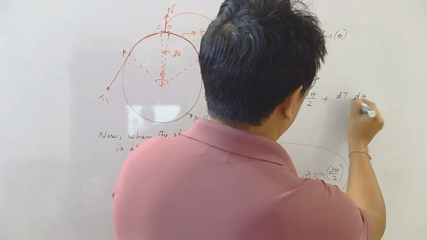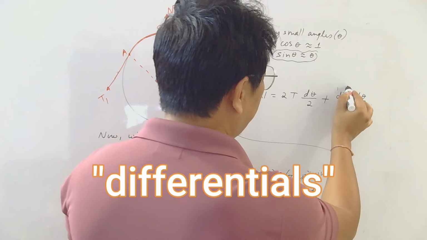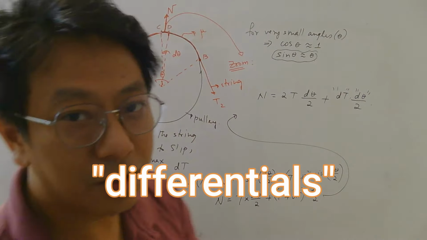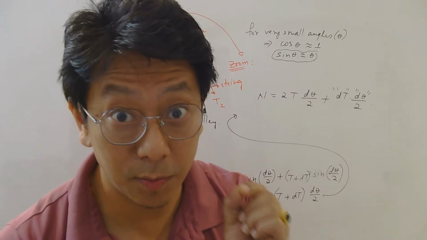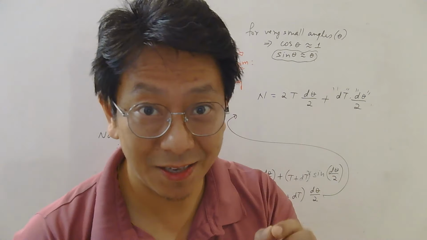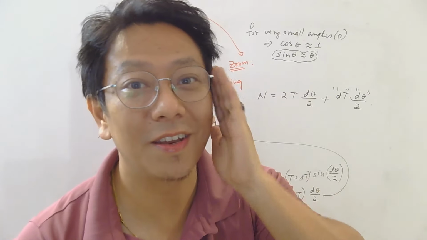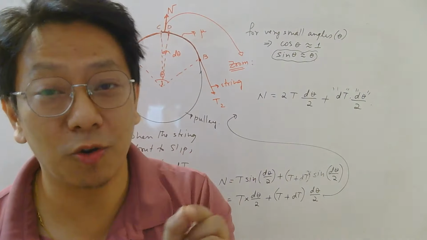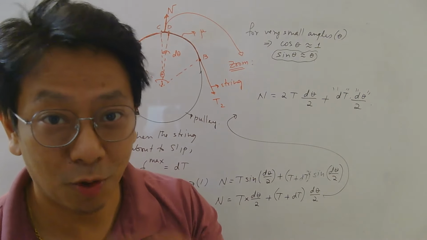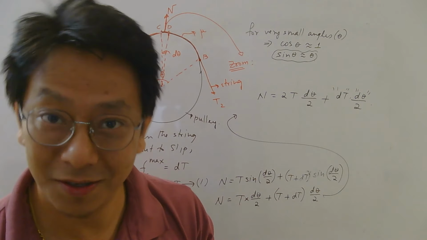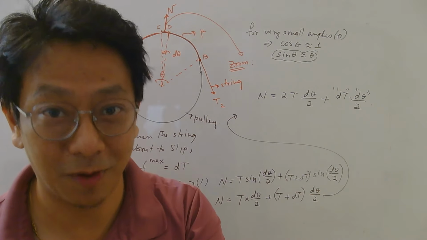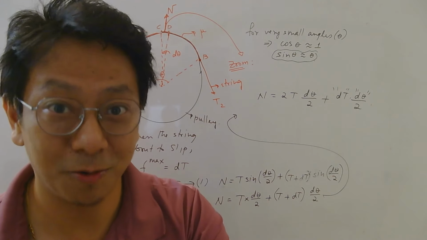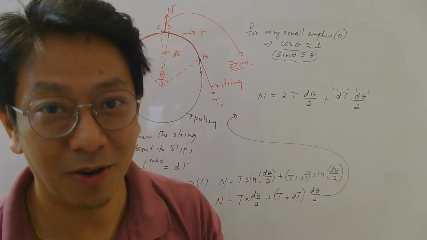d theta by 2. Now whenever you have a product of two differentials, remember dx or dy in calculus represents a very, very small change. So if you have a product of two small quantities, that product will be very, very small, isn't it? 0.001 into 0.001 will be 10 to the power minus 6, much, much smaller, right?